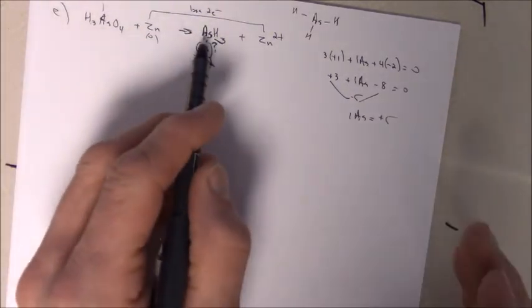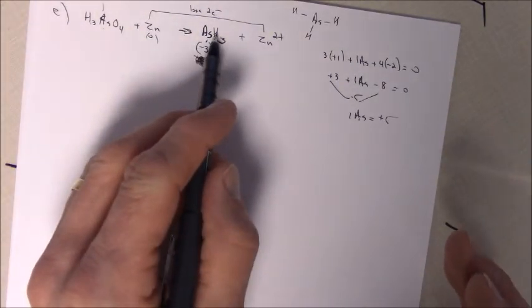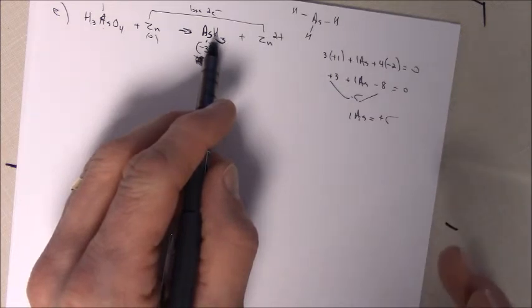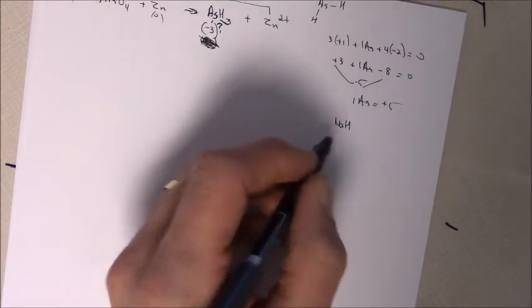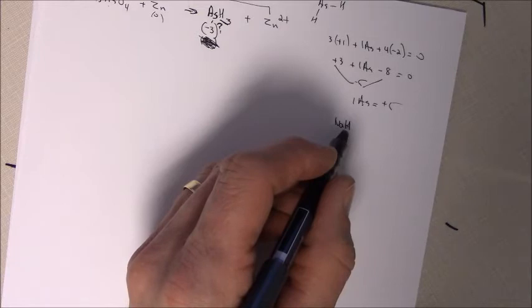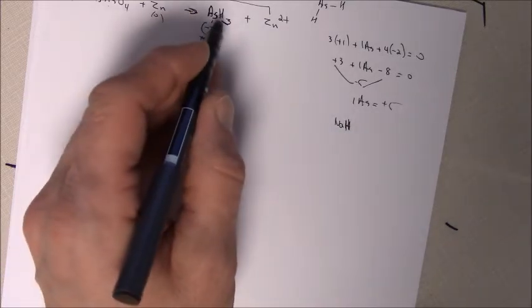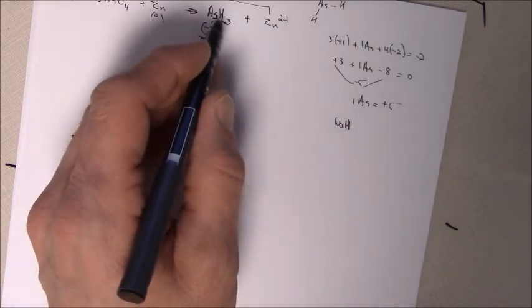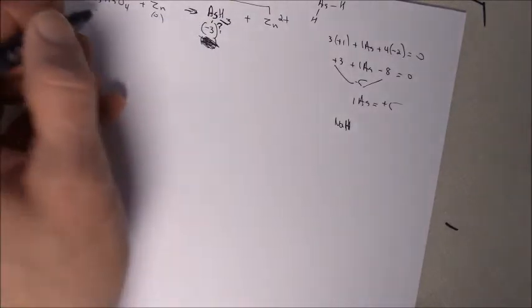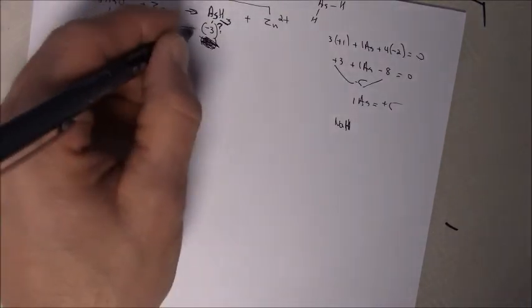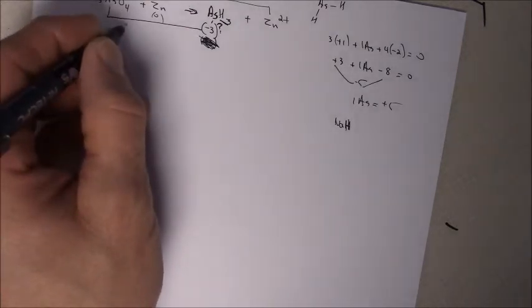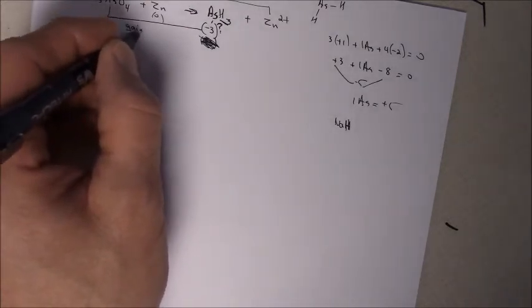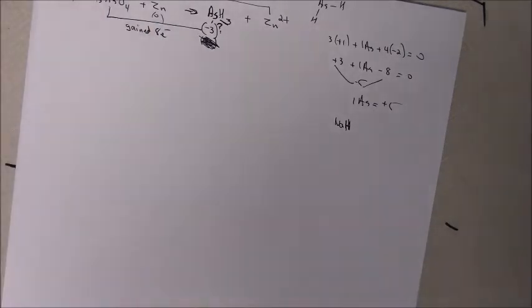If we stick with the rule that H is pretty much always, most of the time, unless it's paired up with something like, for instance, sodium hydride, then this one takes the electron. So here it's going to be a positive, 3 of them is positive 1 each, so that's going to be negative 3. So we could say that arsenic, holy smokes, from a plus 5, so that's gained 8 electrons. Wow, that's a lot.